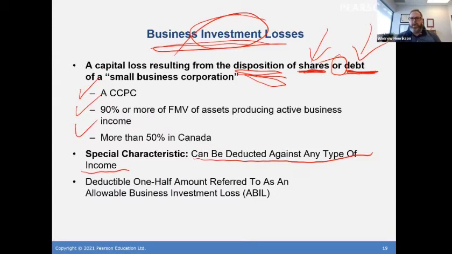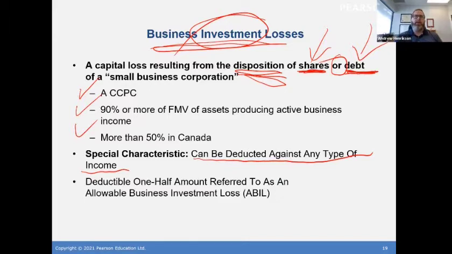If you have a $100,000 loss and then you don't get any future capital gains and you don't have any in the last 3 years, that loss in theory could just sit there and go unused until the death of the taxpayer. And we talked a little bit about that last class, what would happen then. So that's the special characteristic.